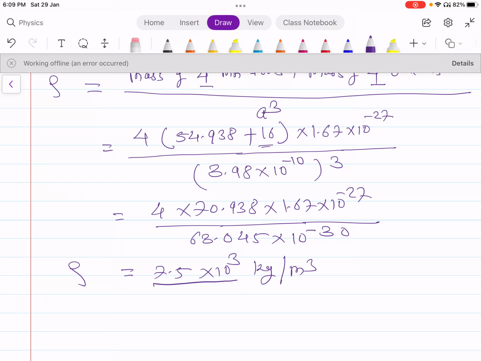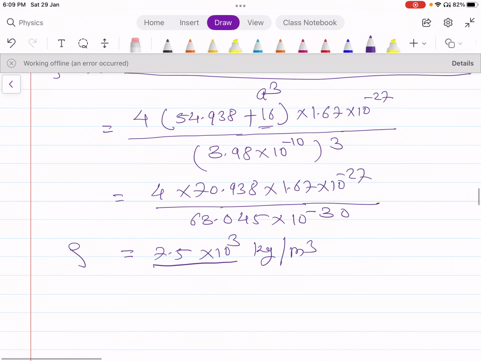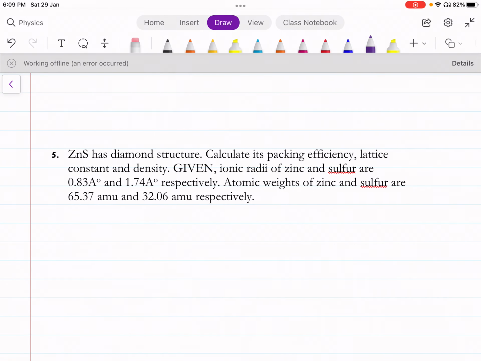Then we will take the example of FCC diatomic diamond type, and an example of that is here. Zinc blende. Zinc blende has diamond structure. So let us write what are the given quantities. Radius of zinc is given, which is equal to 0.83 angstrom.